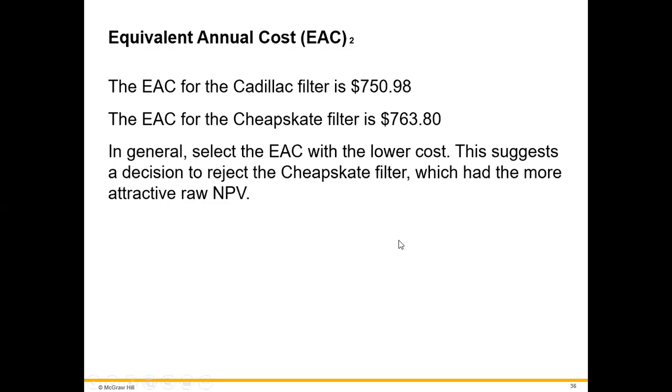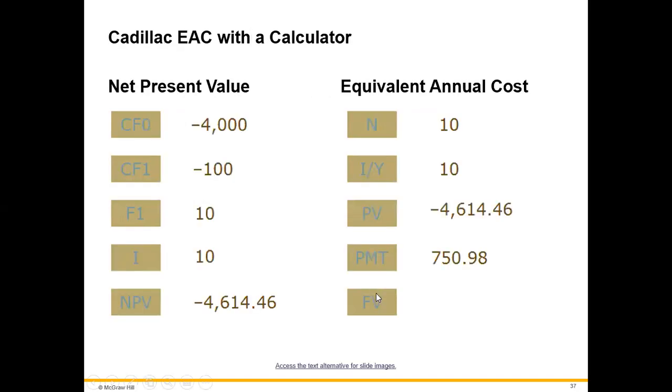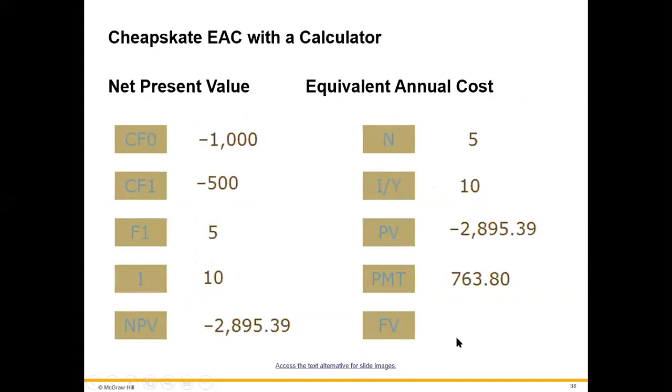In the long run, it will be more efficient for the company to buy. So again, there's how you can put information into your calculator for this. And I believe this is reviewed in your book as well. And you know how to do that in Excel by now, right?